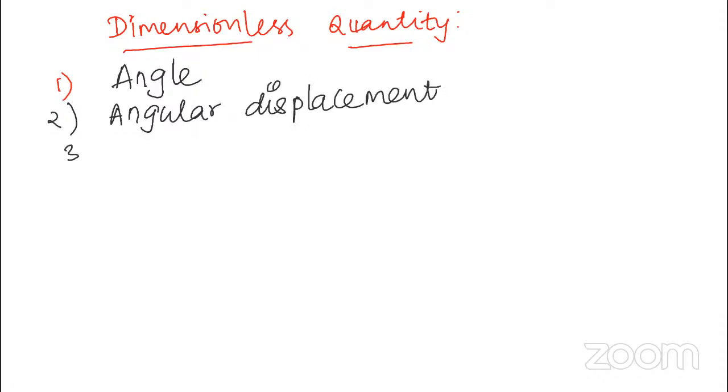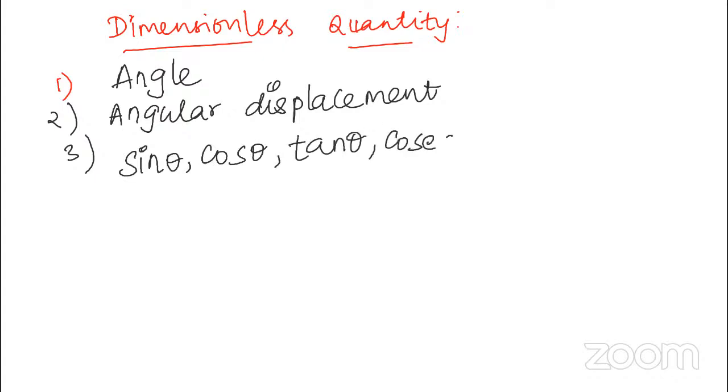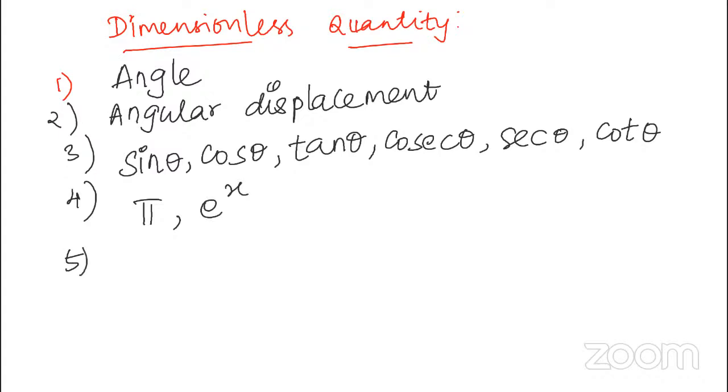Then third one, the values sin theta, cos theta, tan theta, cosecant theta, secant theta, and cot theta. All these thetas are dimensionless quantities. Then fourth one, pi into e power x. Then fifth one, efficiency. What is the formula for efficiency?